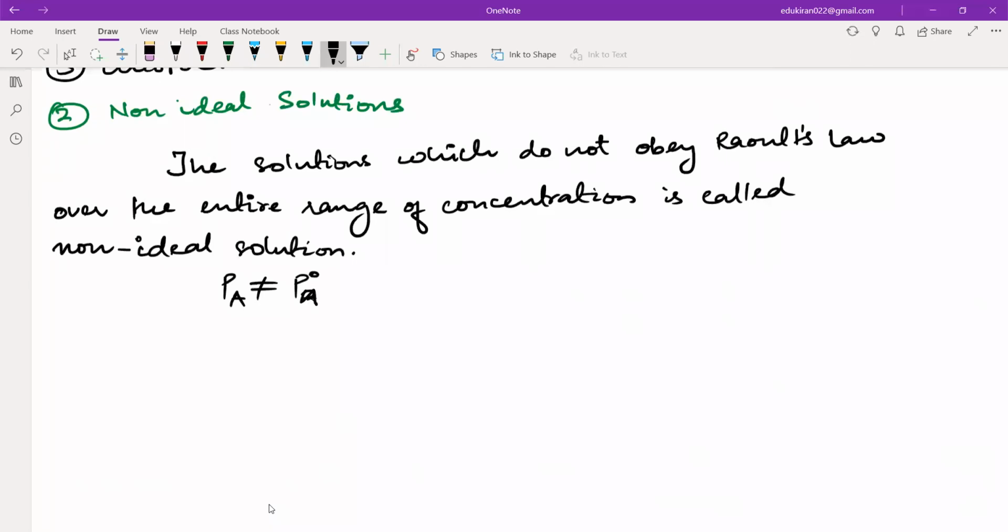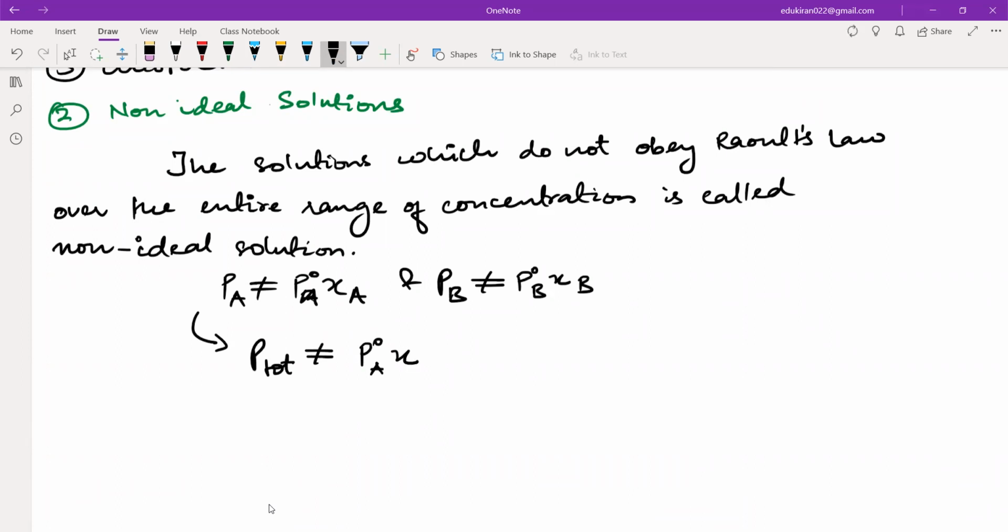will not be equal to the theoretical value P naught A chi A. Pressure due to B will not be equal to P naught B chi B. And eventually, P total will not be equal to P naught A chi A plus P naught B chi B. In this case, what can we write?